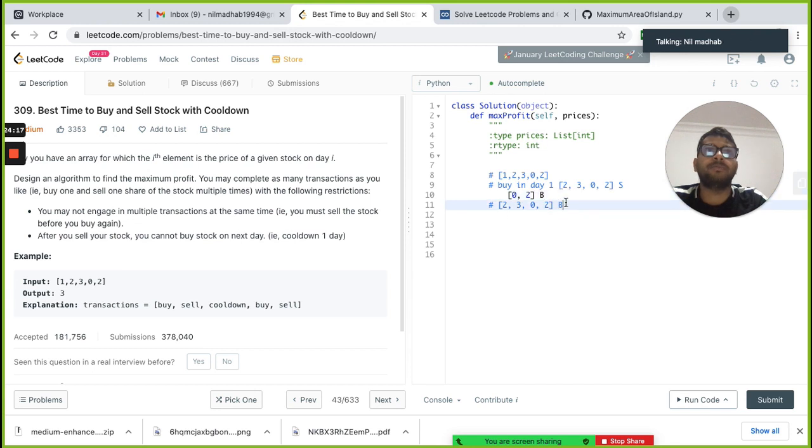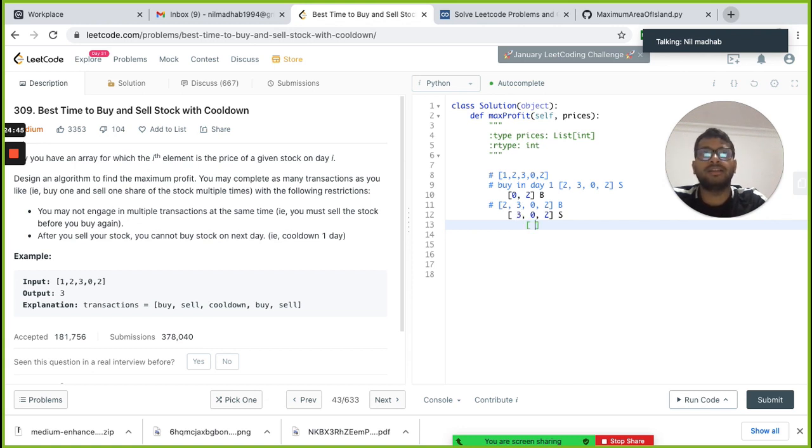And because I didn't buy on day 1, I can buy the next day. I can buy 2, and I get 3 0 2 as sell. And I can choose not to sell it on the second day, or I can choose to sell it.